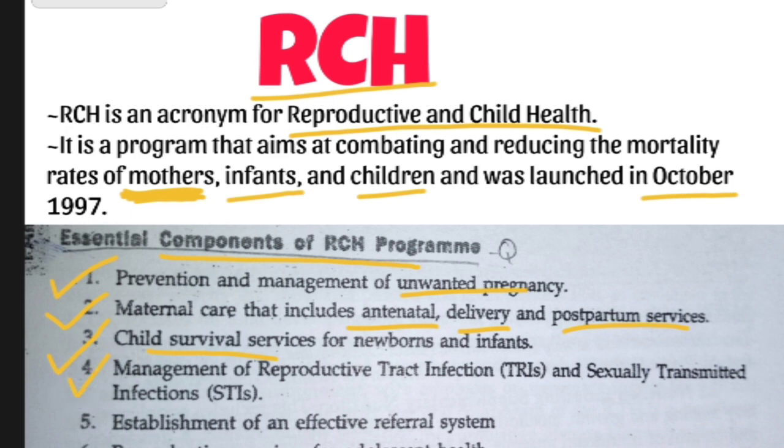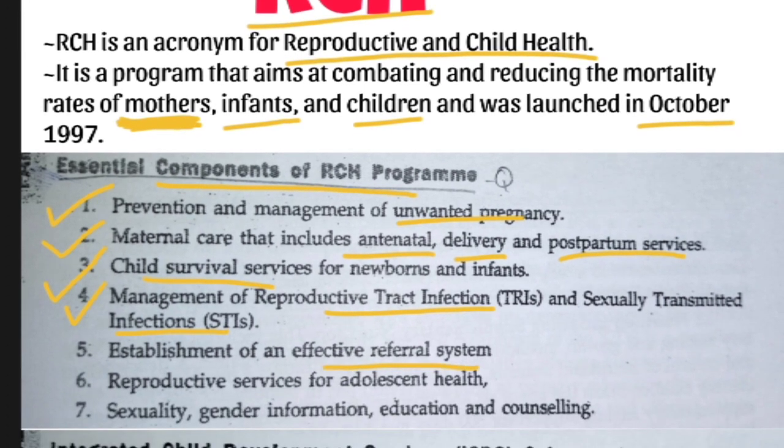And management of reproductive tract infection and sexually transmitted infections, and providing knowledge about it and management will be provided here. And a referral system, it is a unit which provides knowledge, and people can contact them and ask whatever doubts they have. And reproductive services for adults also. And then sexuality, gender information, education, counseling, treatment will be provided here in the RCH.